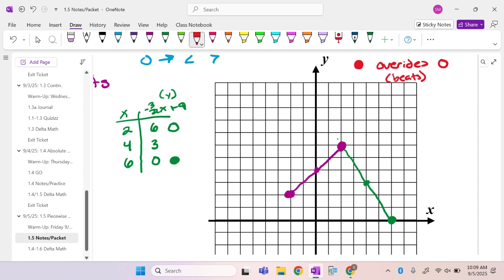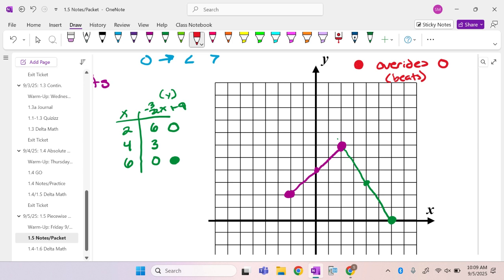So like if it was a game of rock, paper, scissors between closed circle and open circle, closed circle would win every time. Now, this is my piecewise function. All right. So that's why it's called piecewise. It's literally different pieces of different functions over certain domains.